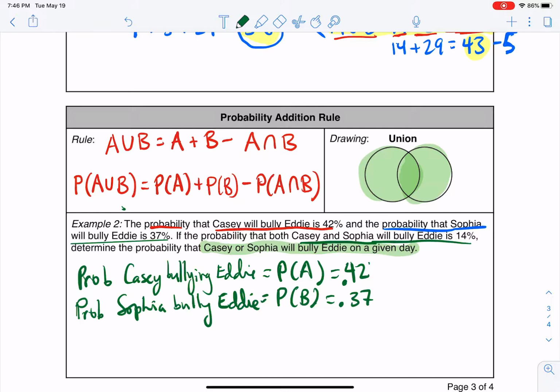Now then, we're told a third thing: the probability that both Casey and Sophia will bully Eddie. So that's the probability of Casey and Sophia. Remember from the previous lesson, anytime we see that word and, that clues us in that we're dealing with an intersection. So A and B, and that probability is 0.14.